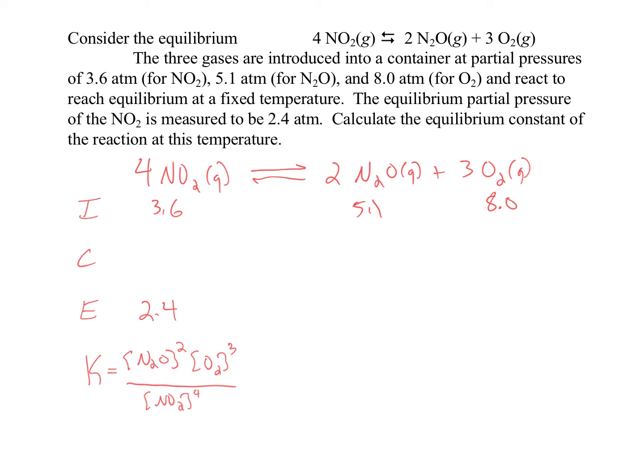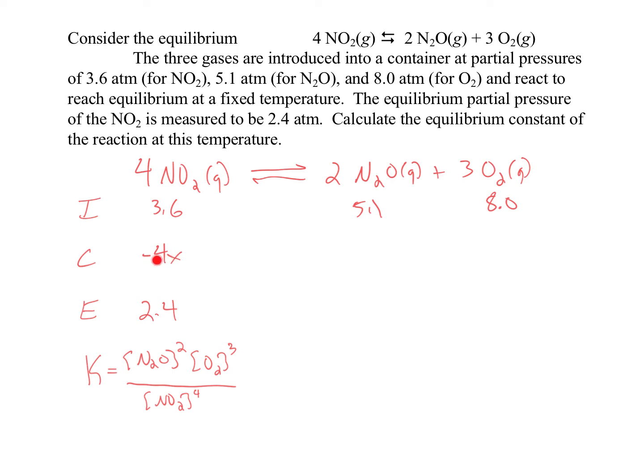But we haven't filled in the change row yet. For the change row, since the NO2 decreased, I know the reaction is proceeding to the right. And so I'm going to call the change in NO2 minus 4x. I use the 4 because of the stoichiometric coefficient.